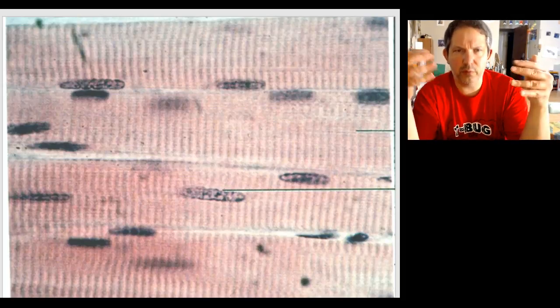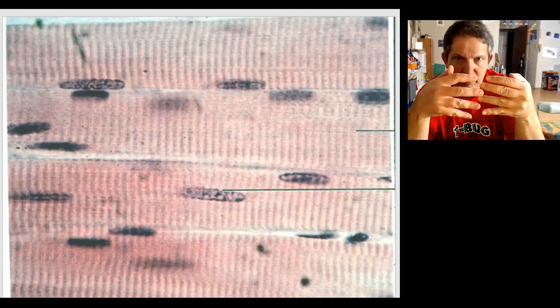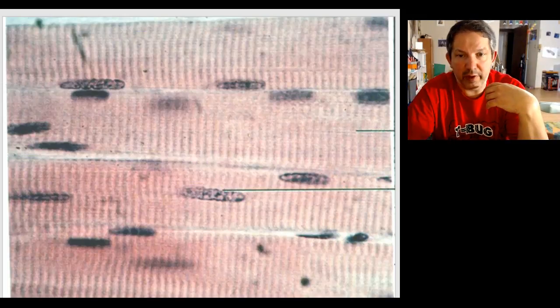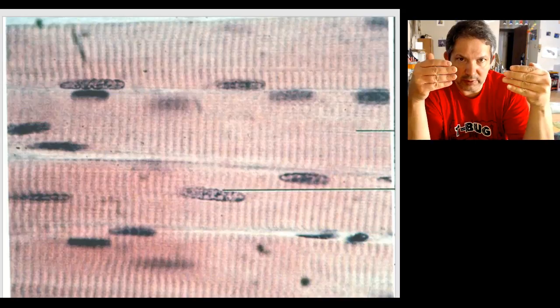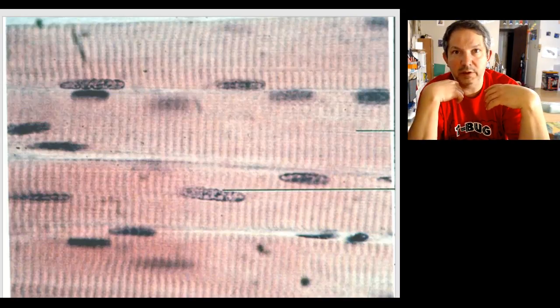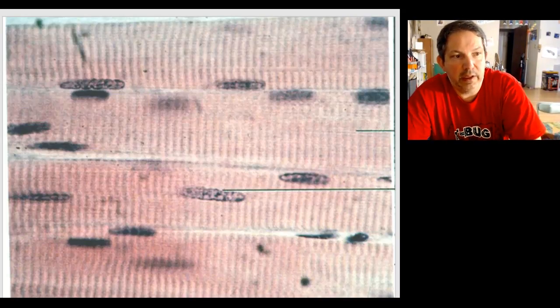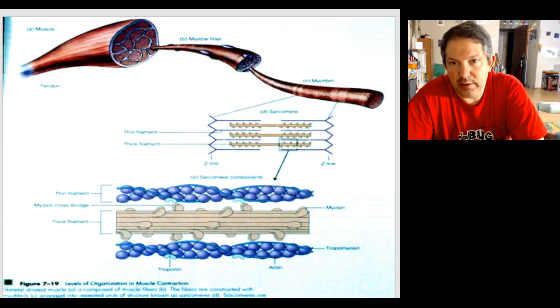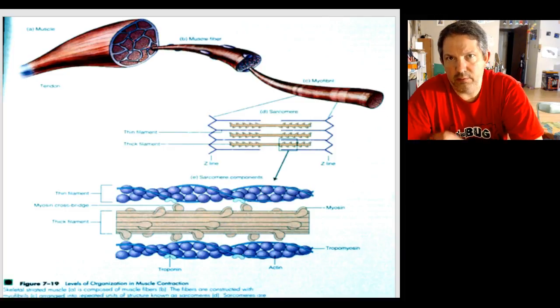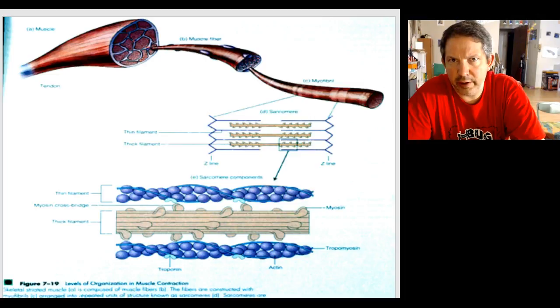Just the two Z lines are coming closer together, and you do that along the whole length of the muscle cell, and the whole muscle cell just gets a little bit shorter. That's all it does. So we're going to be looking at how that happens. A sarcomere is one unit of muscle cell.